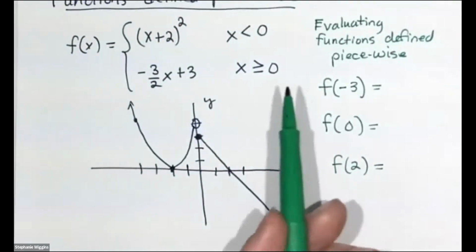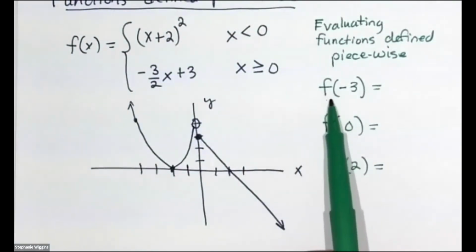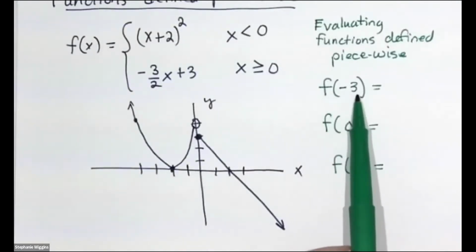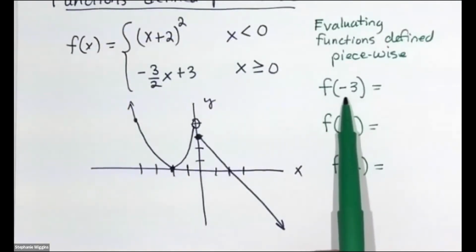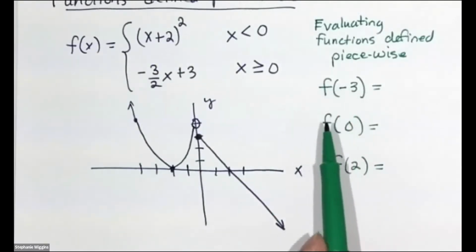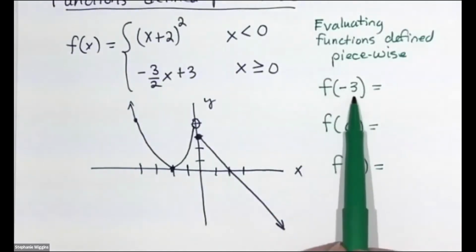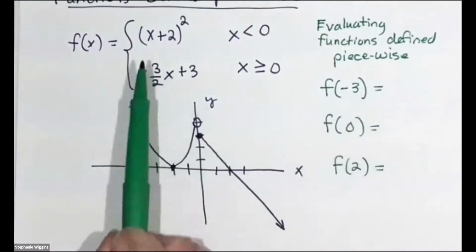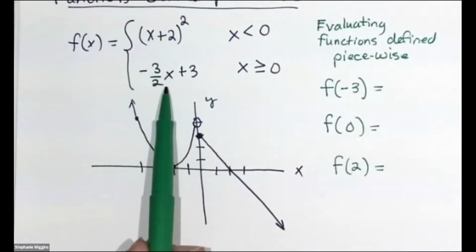The way I say this is, here I'm evaluating f at -3. That key word there, at, means I'm looking at the x value. So if I say at -3, that means x is equal to -3, and I want to find the corresponding y value that goes with -3. So I have to plug it in to my function here.